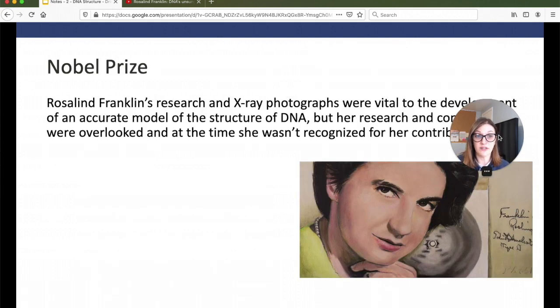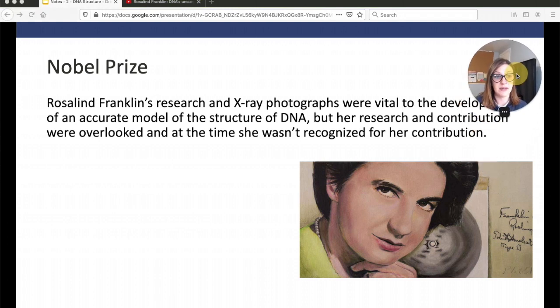Rosalind Franklin's research in X-rays was vital to the development of an accurate model of the structure of DNA. But unfortunately, her research and contribution were overlooked, and at the time she was not recognized for her contribution.